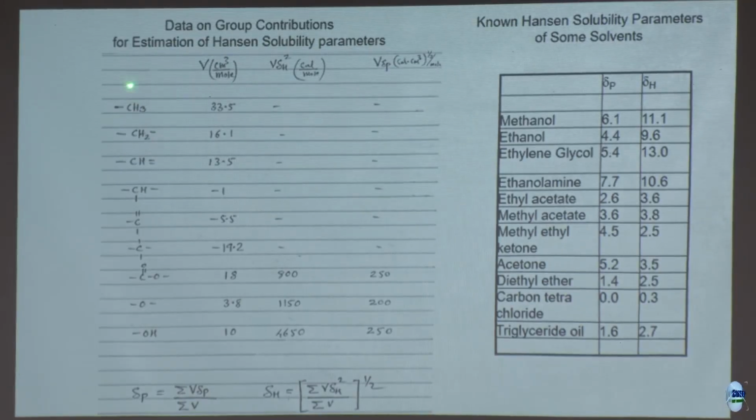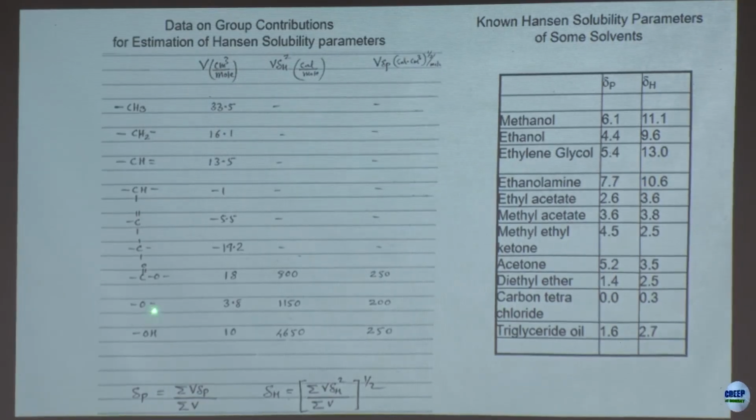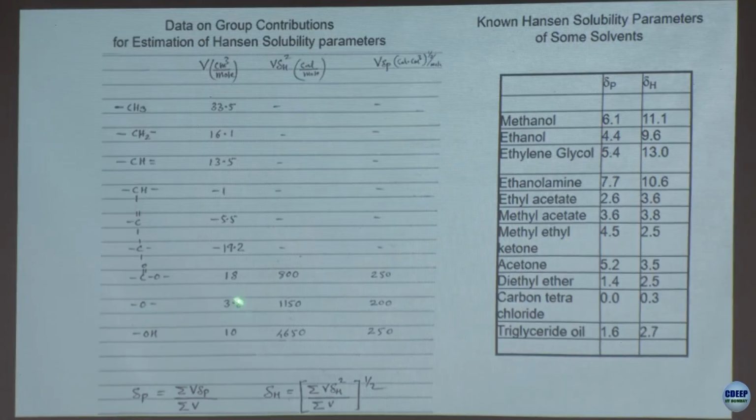Okay. So for example, if you take the CH3 group, now it is not contributing to hydrogen bonding or the dipole-dipole interaction, but it is contributing to volume, centimeter cube per mole. Fine. If you come to, say, this ether bond, then it is contributing to volume, it is contributing to the hydrogen bonding, it is contributing even to dipole-dipole.